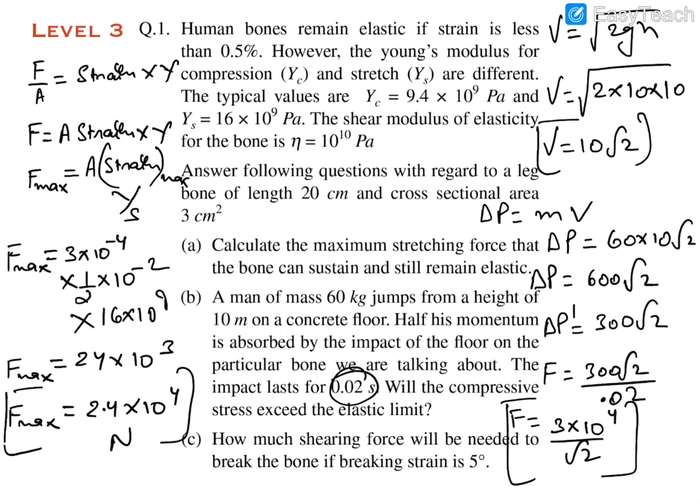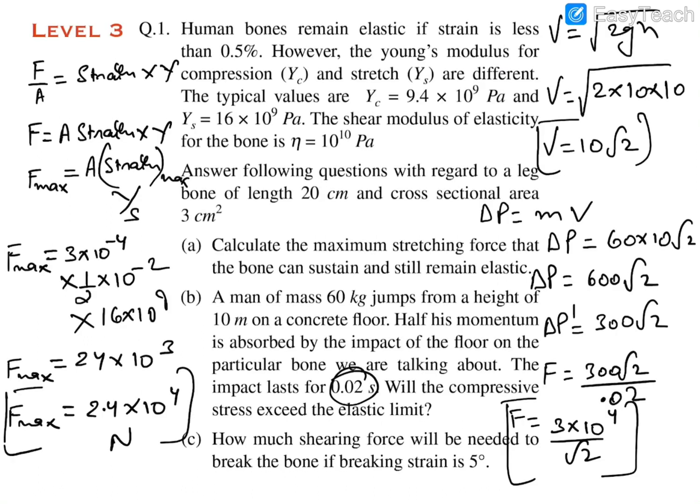Now we have to verify whether this force will make the bone plastic. So let us first of all use the gamma. So we know that the gamma for compression is 9.4 into 10 raised to power 9. Now you can see that the force applied on the bones will be 3 into 10 raised to power 4 upon root 2.